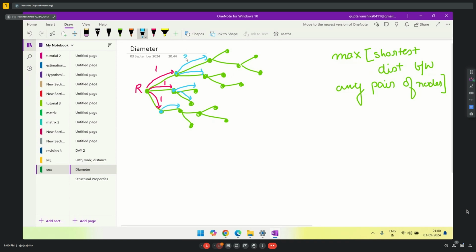This blue color is my second walk. Now there are more possibilities, so I'll go another step ahead. From here, let's say I am going here. This is my third walk. Here you do not have any option, so we can leave this.